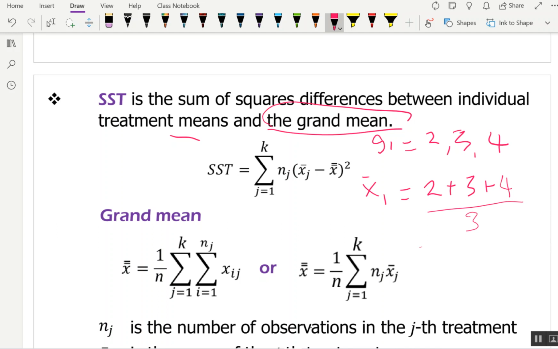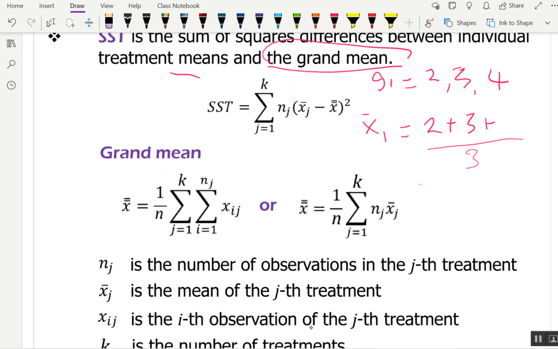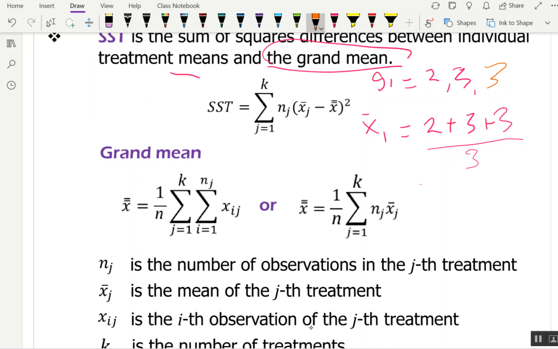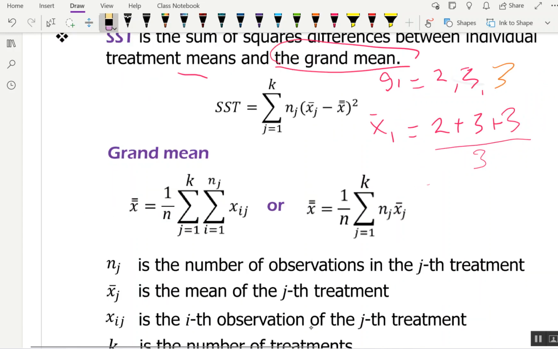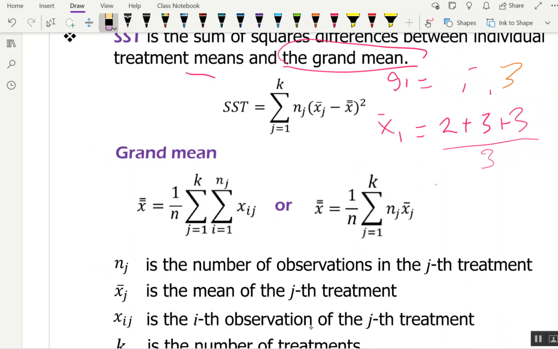Not a good example. Maybe I take a simpler one. Sorry, I will draw another example.